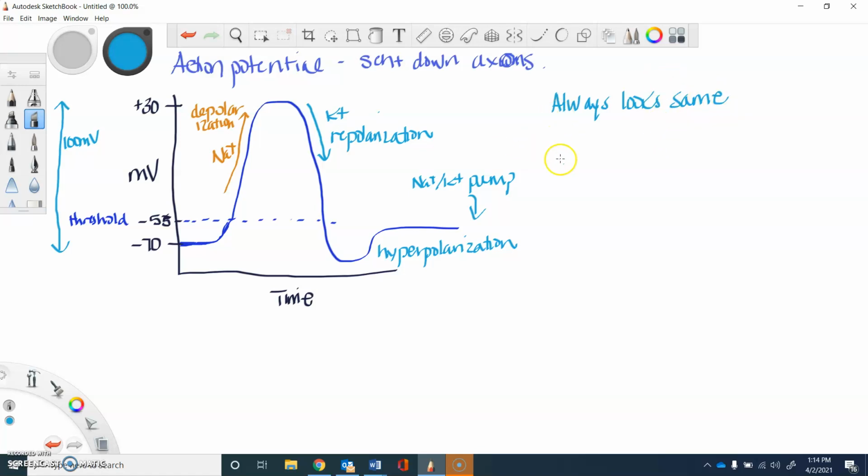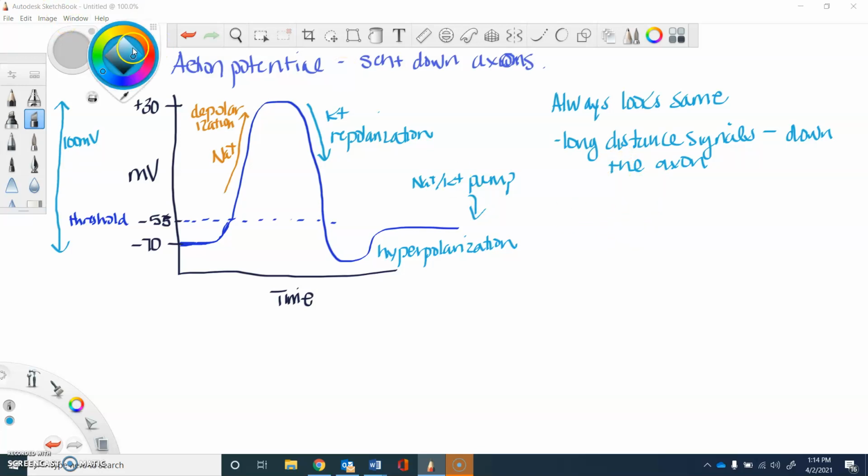These are long distance signals. And they are propagated all the way down the axon. So it goes from the axon hillock, where it's stimulated, all the way down to the terminals.